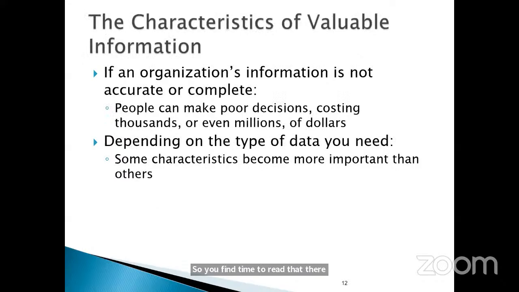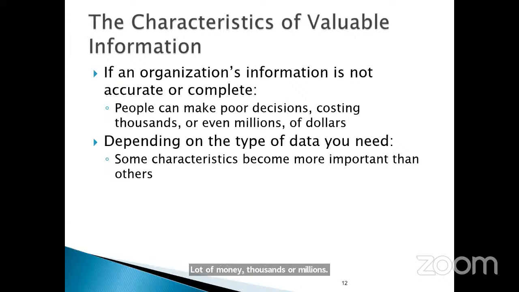Then we want to look at the characteristics of valuable information. If an organization's information is not accurate or complete, then the people can make poor decisions, and that might cost the organization a lot of money, thousands or millions of dollars.